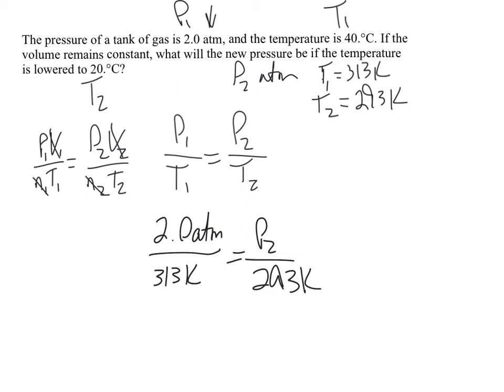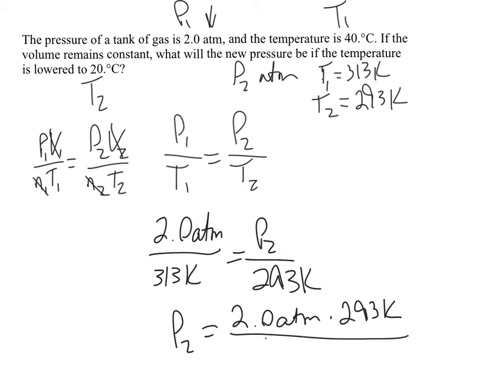We're just going to multiply both sides by 293 so that I get our P2 is equal to 2 atmospheres times 293 Kelvin divided by 313 Kelvin. 2 times 293 divided by 313 will give you a new pressure of 1.87 atm.